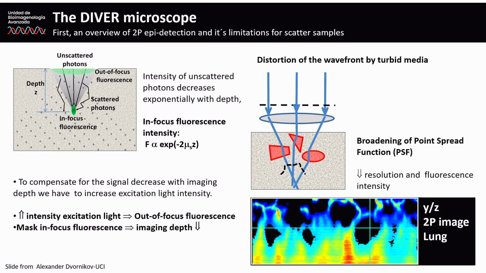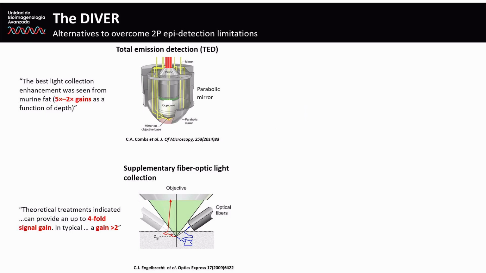The reason why this happens is because you have a wavefront distortion due to the travel of light through the tissue, and the inhomogeneity in the index of refraction will make your sample very clean and crisp at the beginning, but when you go deep, deep, deep, basically you start to blur your image.